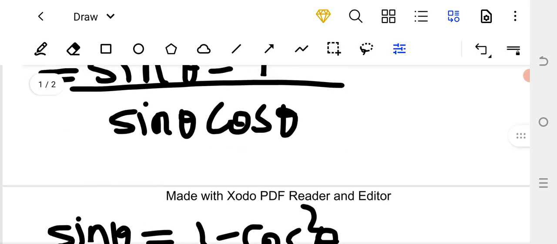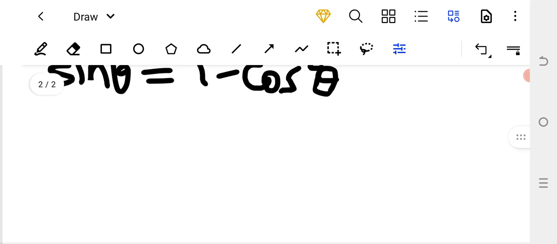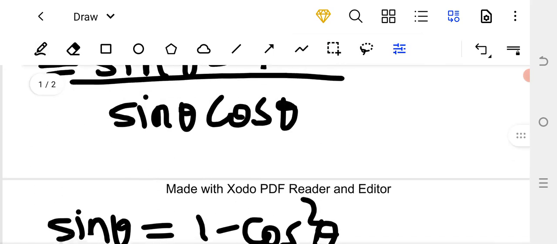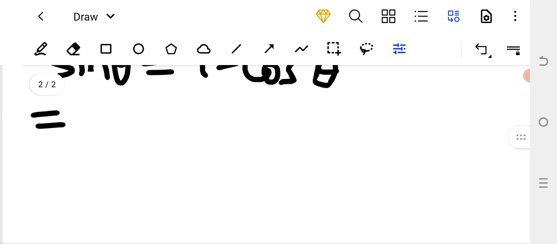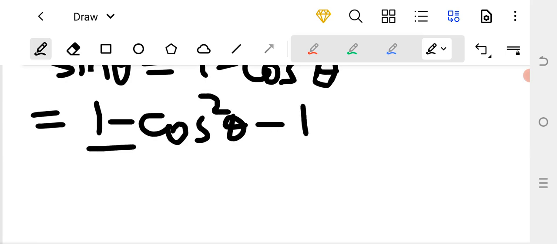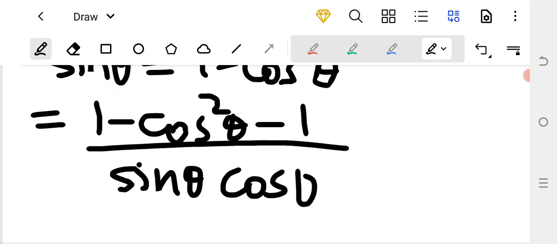So instead of us writing the sine theta squared, we're going to write 1 minus cos theta squared minus 1. We divide by sine theta cos theta.